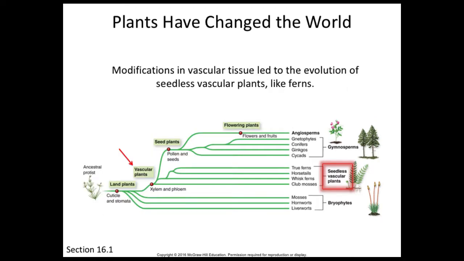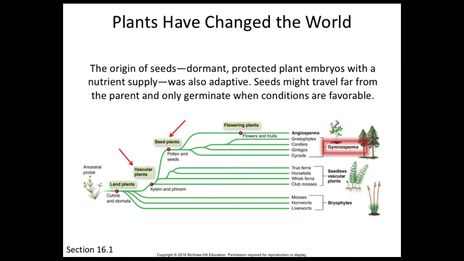Modifications in vascular tissue led to the evolution of the seedless vascular plants. An example of a seedless vascular plant is a fern. Now, these ferns do have nice vascular tissue, however, they have no seeds. Instead, they reproduce with primitive spores.